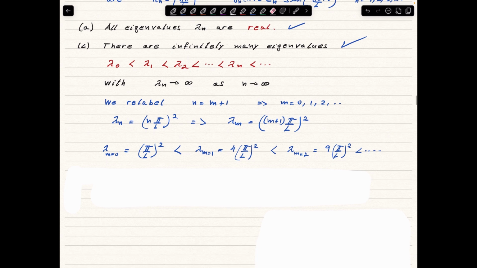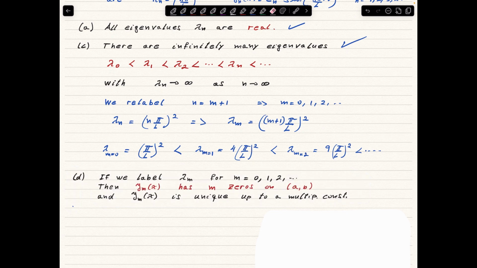Property C. Now if we use this label m that starts in 0, we can see that y_m has m zeros on the interval (a,b). Well, the interval is actually going to be 0 to L, where we are working. Let's see that.